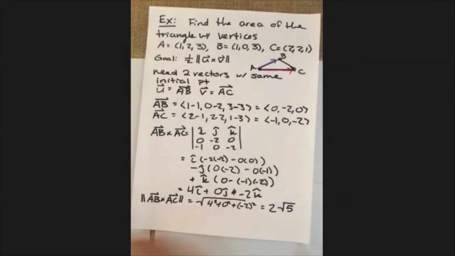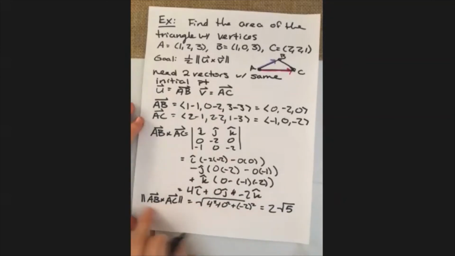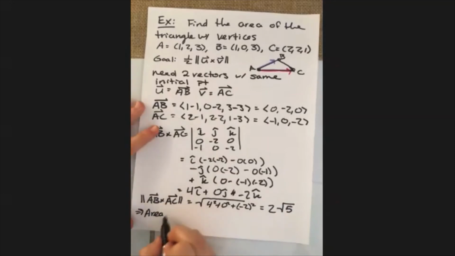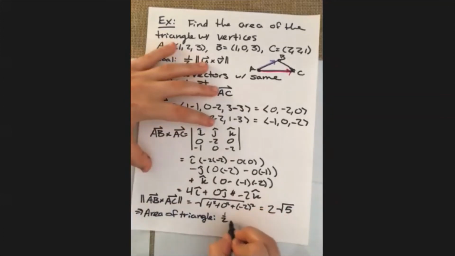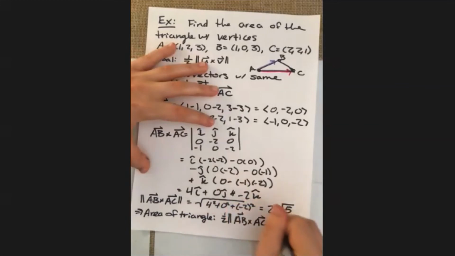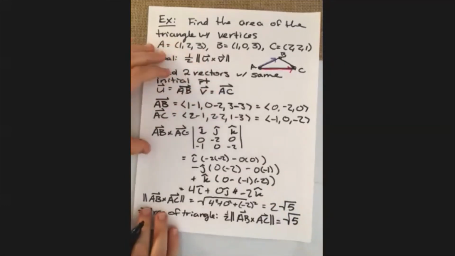And so to kind of finish this problem up, then all we have to do is take 1/2 of this guy here, which just gives us square root of 5 in this scenario.